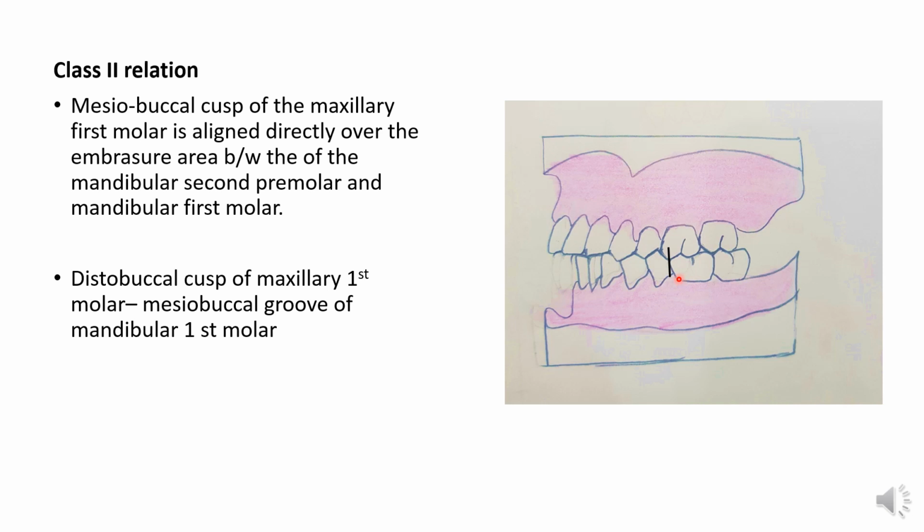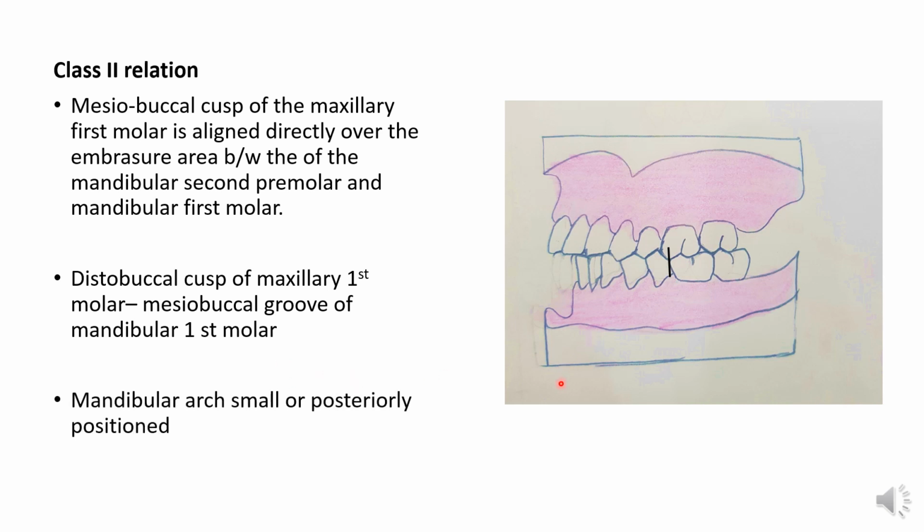Or you can define it another way: the distobuccal cusp of the maxillary first molar lies over the mesiobuccal groove of the mandibular first molar. Now this definition is actually same as that of class 1 relation. In class 1 it was the mesiobuccal cusp. When it comes to class 2, it becomes the distobuccal cusp of the maxillary first molar. The rest will be the same.